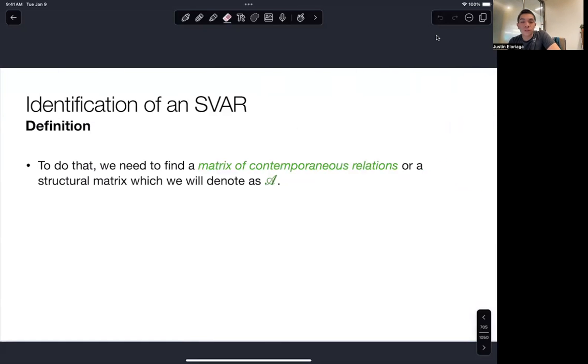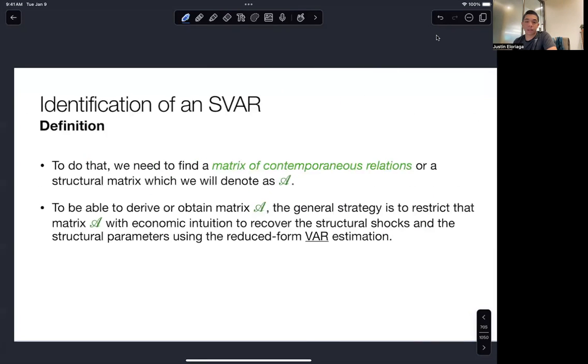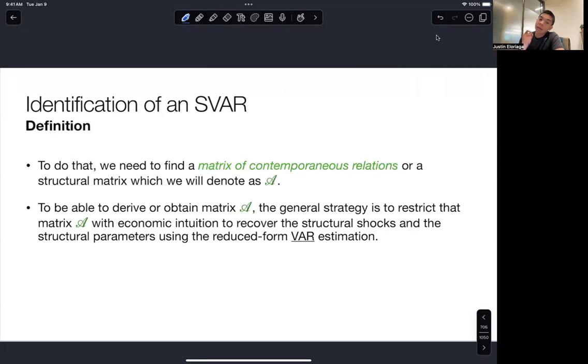We need to first form a matrix, which I'll denote as matrix A. This matrix A is a matrix of contemporaneous correlations, some structural matrix. To obtain this matrix, the general strategy is to restrict it with economic intuition to be able to recover the structural shocks.